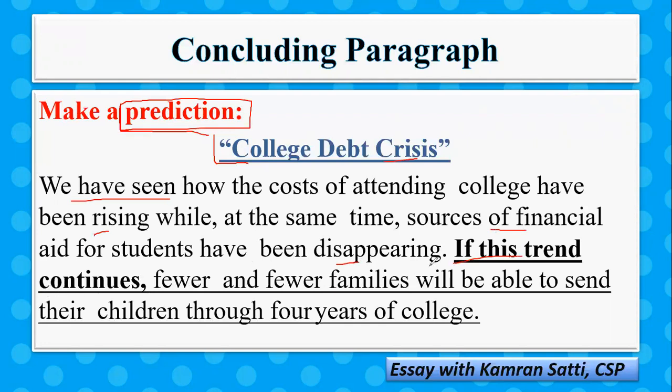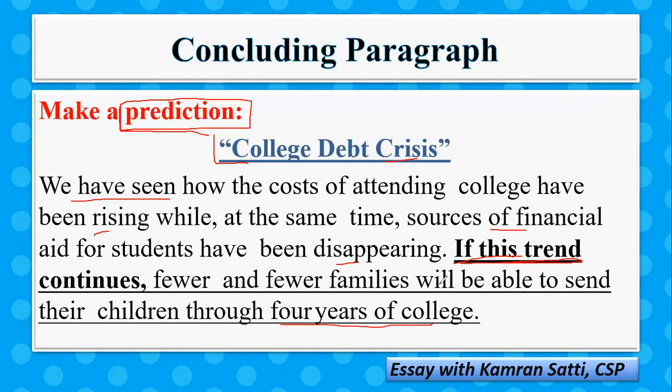The wording, as I said, is that your concluding paragraph should signal to the examiner that your essay is coming to an end. If you use this sort of terminology, you can use any other sort too, this is just an example. If this trend continues, fewer and fewer families will be able to send their children through four years of college.